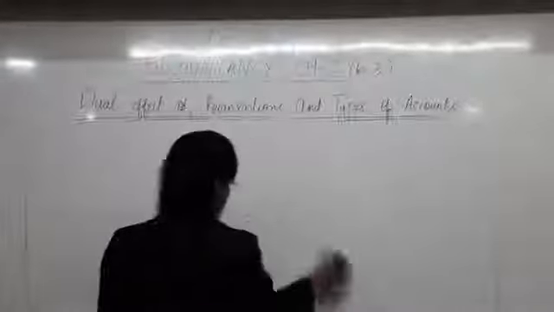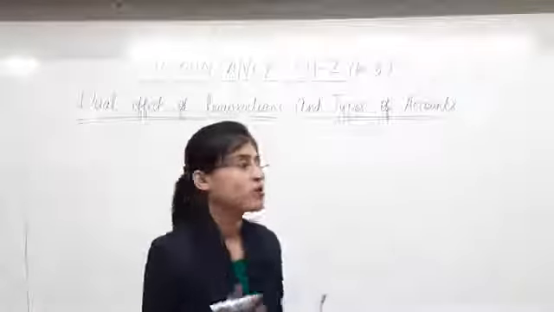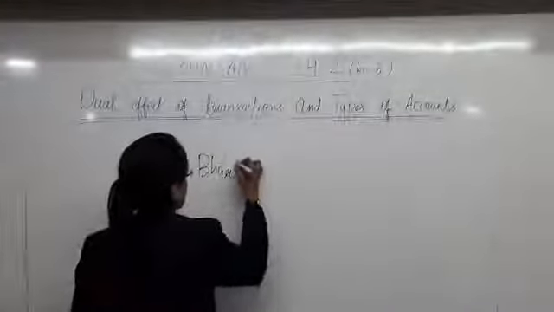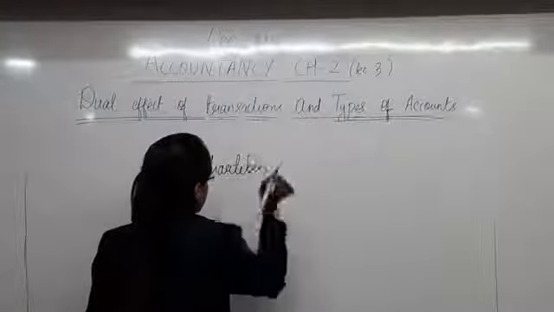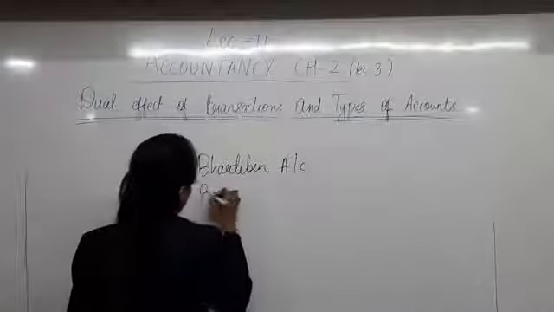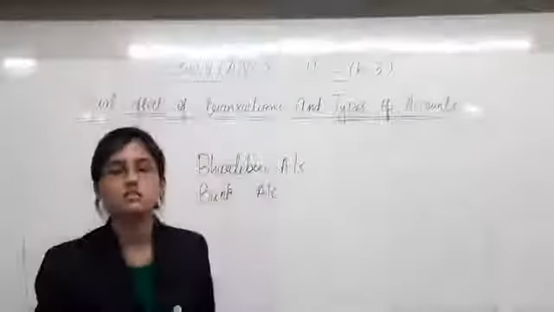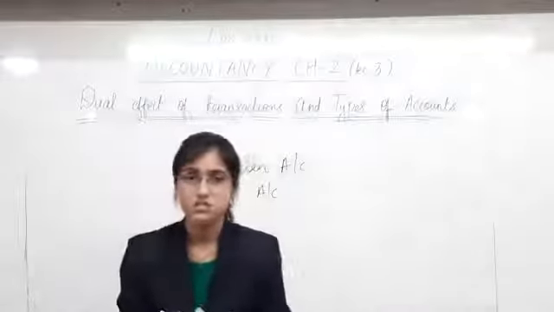Here the check is given, so one effect is of bank. What about the other effect? Of course, the check is given to Bharti Ben. So Bharti Ben's account and bank account are the two effects for this transaction.